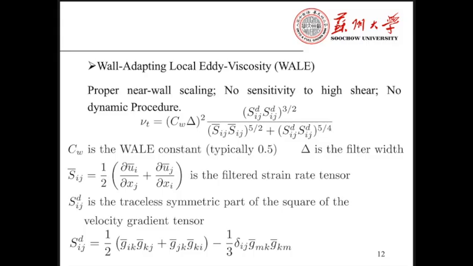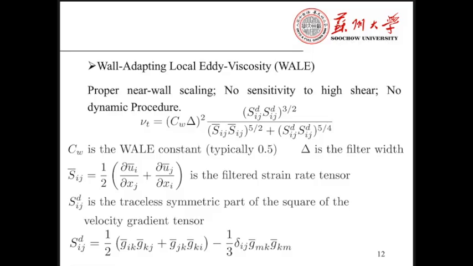Another famous subgrid model is the wall-adapting local eddy viscosity model. Its purpose is to give proper near-wall scaling and no sensitivity to high shear, with no dynamic procedure.